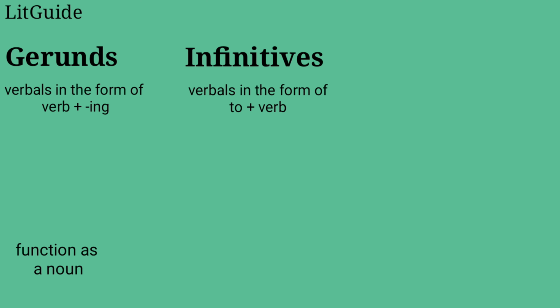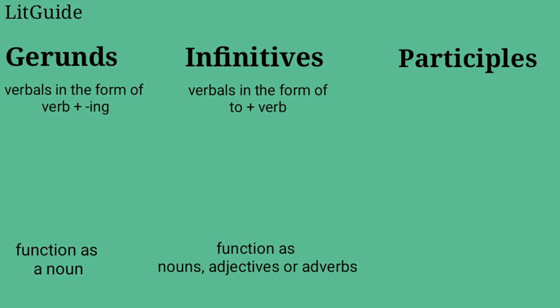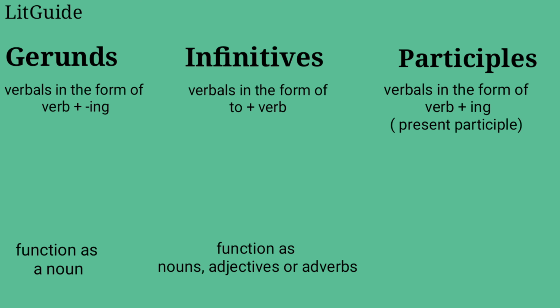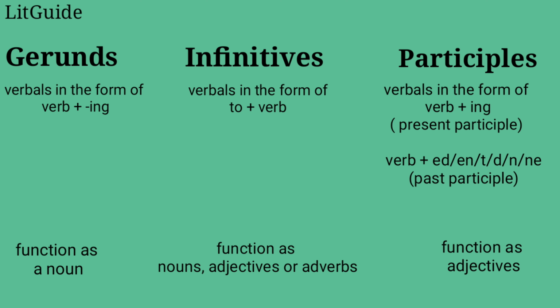Infinitives are verbals in the form of to plus base form of the verb. They function as nouns, adjectives, or adverbs. Participles are verbals in the form of verb plus ing in the case of present participles and verb plus en or t or d or n or ne in the case of past participles. Participles in general function as adjectives.